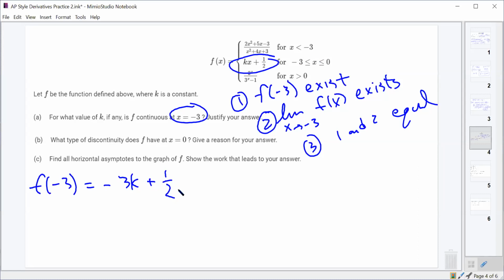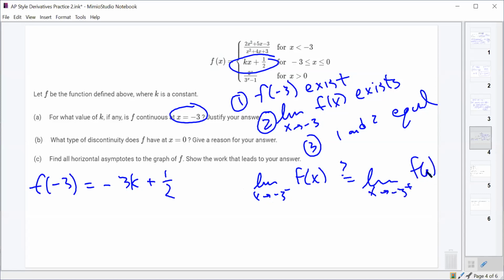Then for the limit, to see if a limit as x approaches -3 exists, we need to take a look at the limit from the left and the limit from the right. So we need to see, does the limit as x approaches -3 from the left of f of x equal the limit as x approaches -3 from the right of f of x. And we should already know that the limit as x approaches -3 from the right is this one from the middle. It just is this. If we plug in -3 for x, -3k plus a half.